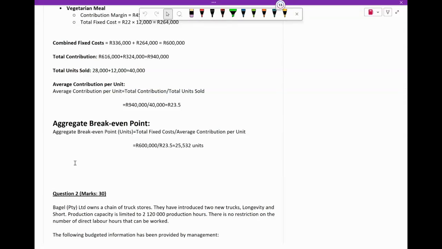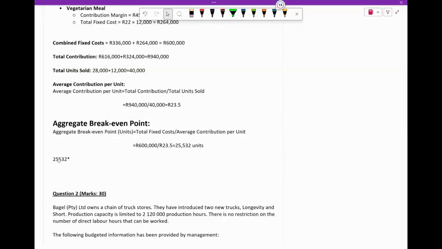Okay. Then, remember they said the sales. So what now must happen there to get our total sales? We want the break even in units and we want the break even in sales. Yeah, we do need to times it by something. Okay. So we have 25,532 units that we must produce in order to break even.